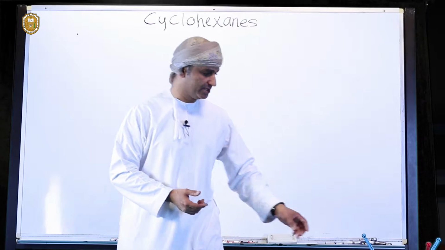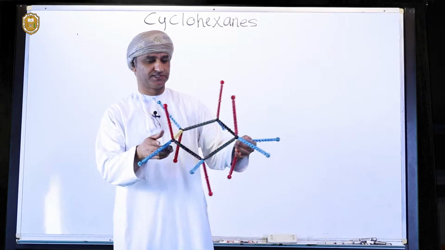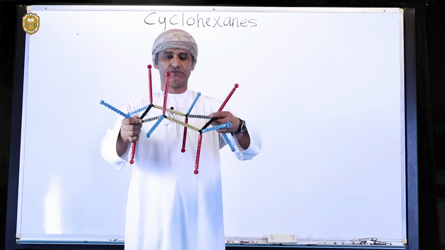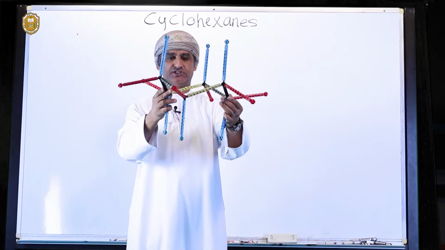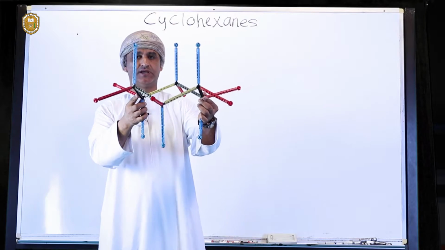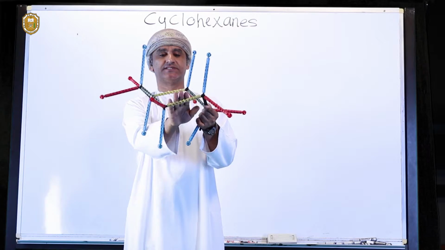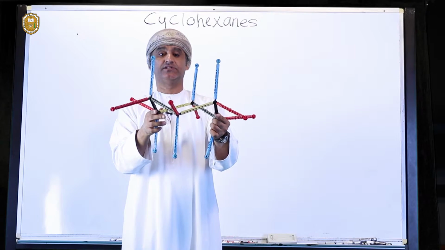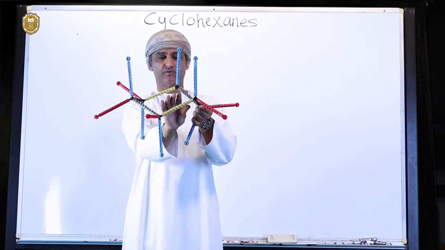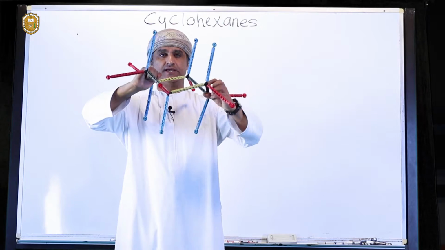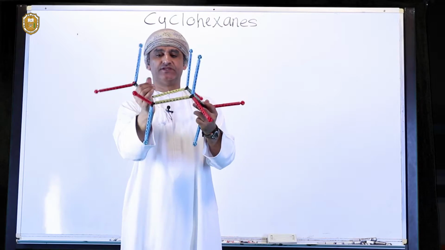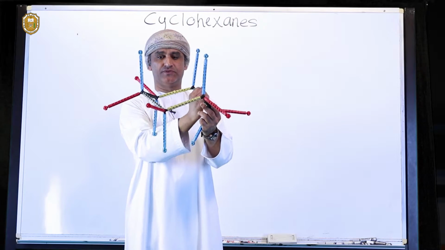Let's go back to the models again. These are the models that we have constructed before, and this is a chair conformation of a cyclohexane. Remember, the bonds which are shown in the same color are parallel with each other. So this bond is parallel with that bond. This bond is parallel with that one. This bond in green is parallel with that one.